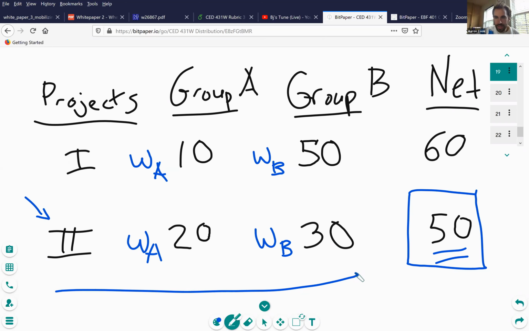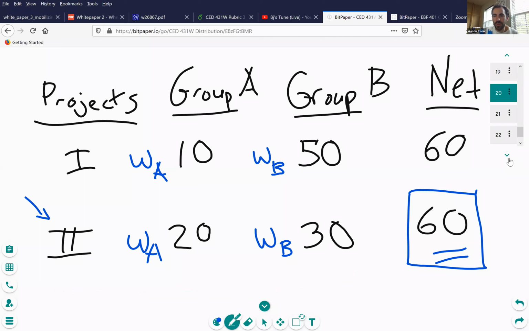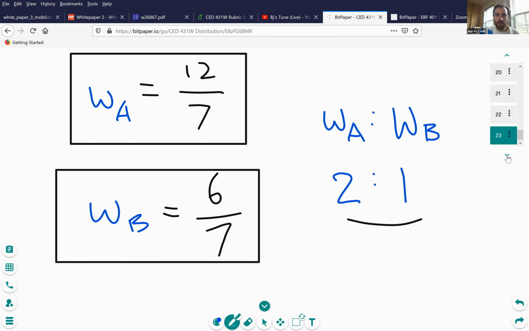That is what's needed to arrive at the final decision of choosing project 2, which had a lower net benefit under an unweighted cost-benefit analysis. So this is an empirical method where it's not necessarily up to you to choose these values, but you're able to observe.